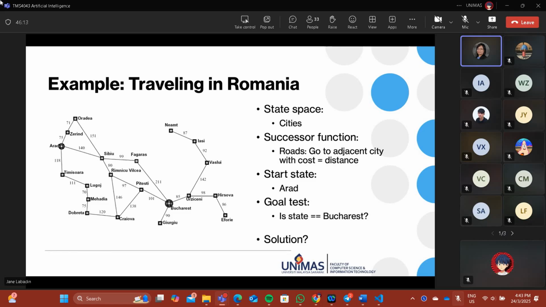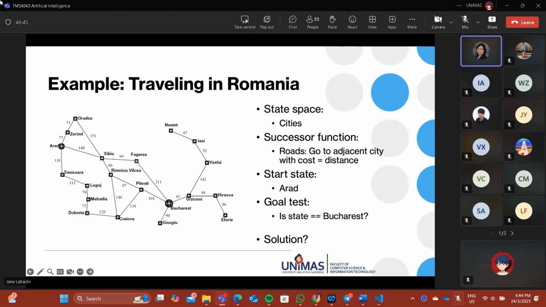However, for your state space, you would probably just consider, because you are starting with Arad, looking at Timisoara, Sibiu, and Zerind, right? And then from Sibiu, you go to Oradea, to Fagaras, to Rimnicu. So you will only consider a few of them, not all of them.